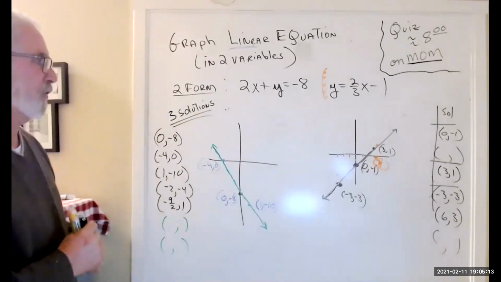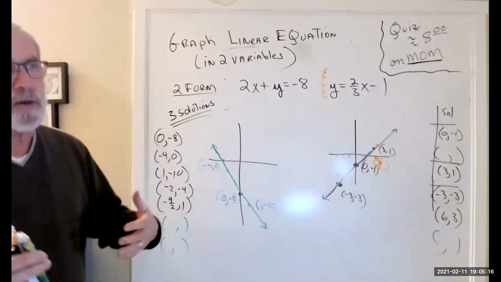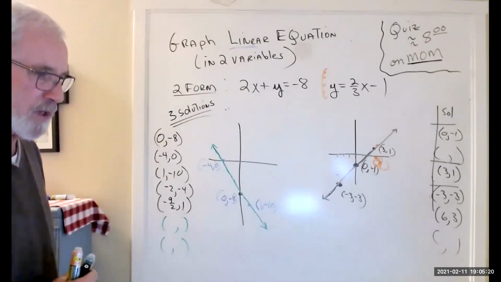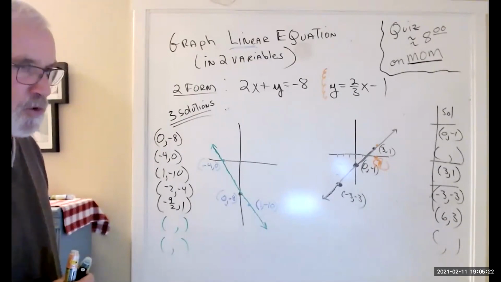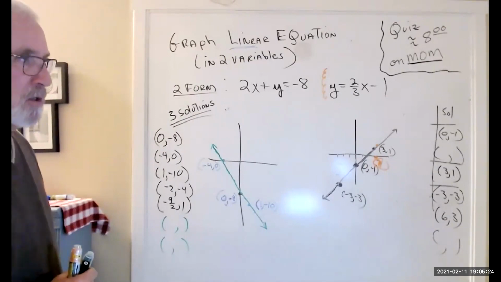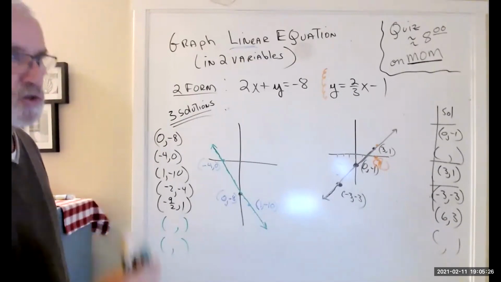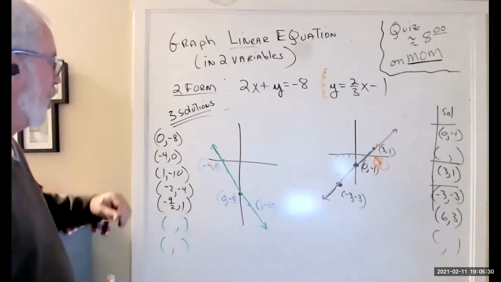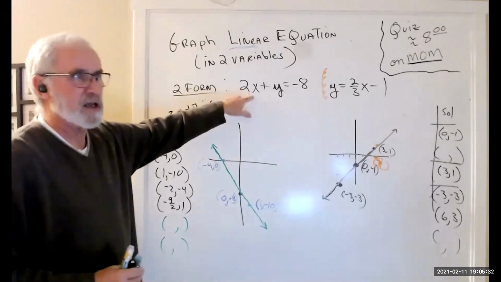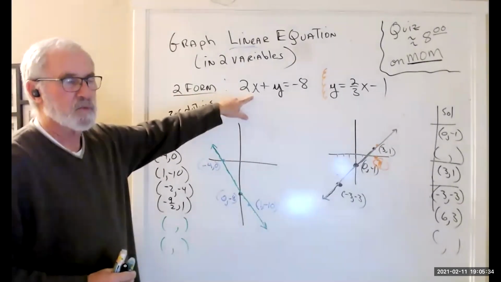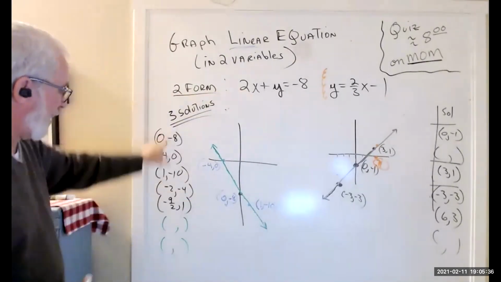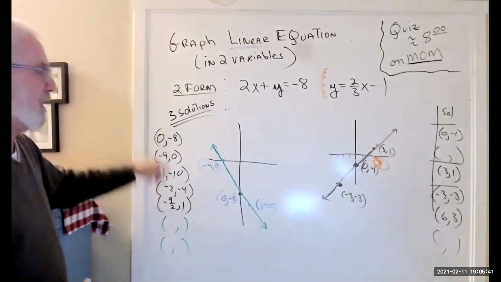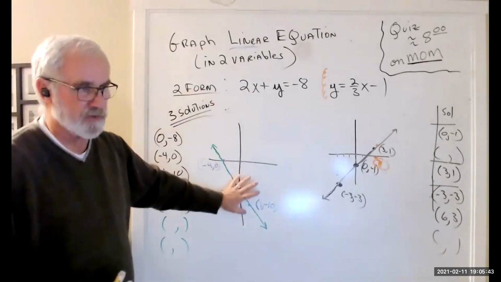Anybody else? The bottom line I'm trying to get to is, when you finally get to your homework this weekend in MOM, some of the chapter 4 homework, which I hope you're going to get to, you're now working on chapter 2 and chapter 4, remember? When you finally get there this weekend, will you be able to take an equation, find 3 solutions, and take those solutions and graph them?